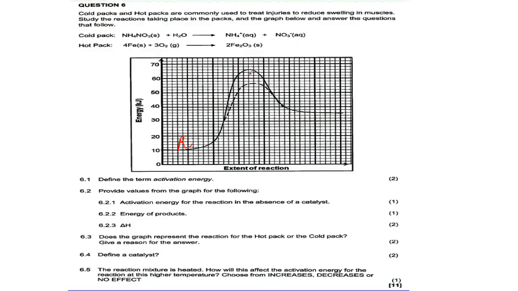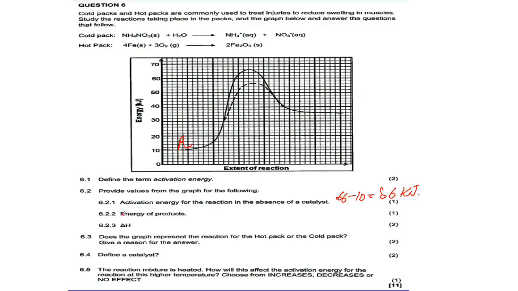It's 1, 2, 3, but each block is representing 2 units. So 3 blocks will be representing 6 kilojoules, but then add that to 60. So we have 66 kilojoules. So it's 66 minus 10, and this will give us 56 kilojoules.